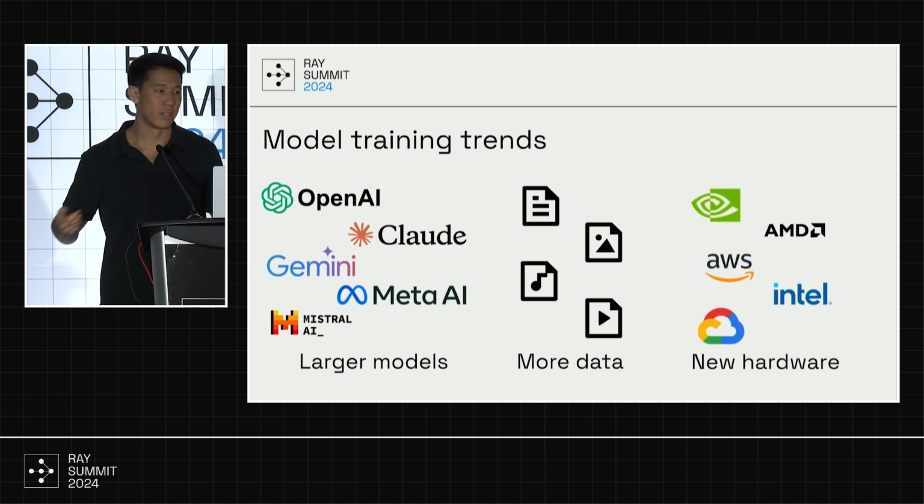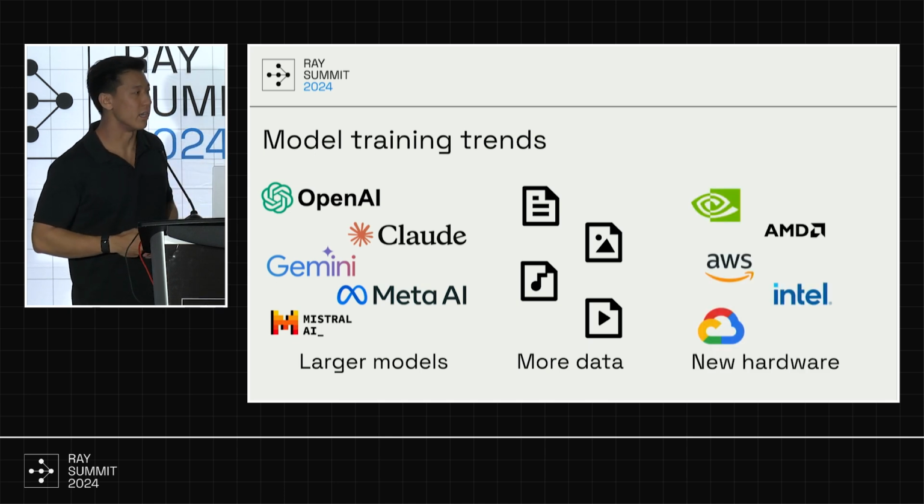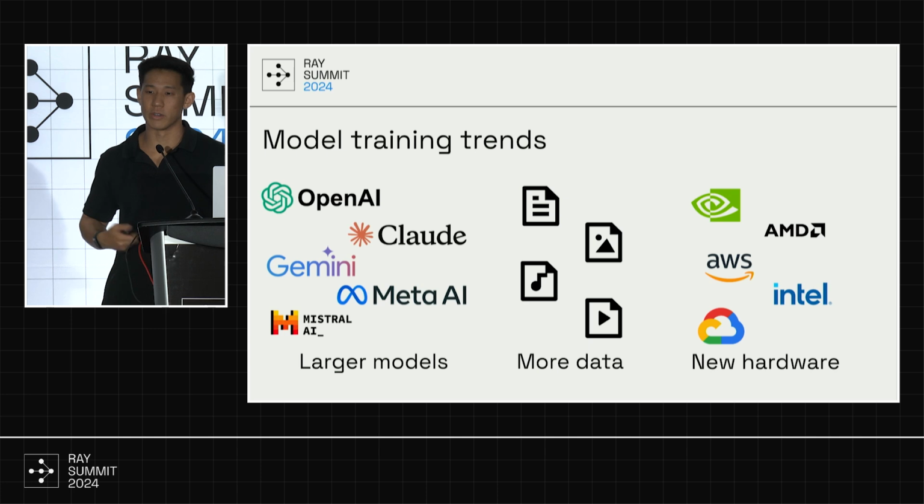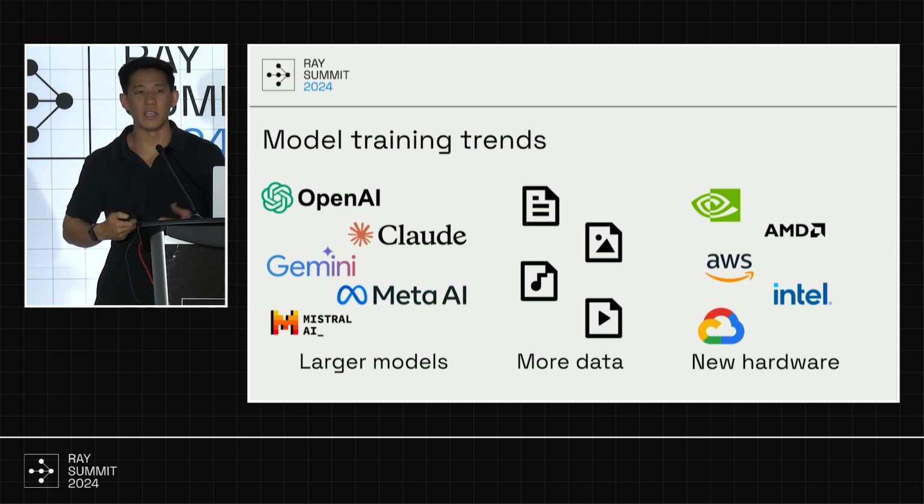And yes, there's been a similar increase in the amount of accelerators that are created to support this type of large-scale model training with large data, but one thing is inevitable. Even with these advancements in hardware, distributed training is necessary in order to handle the scale at which we need to compute model training.